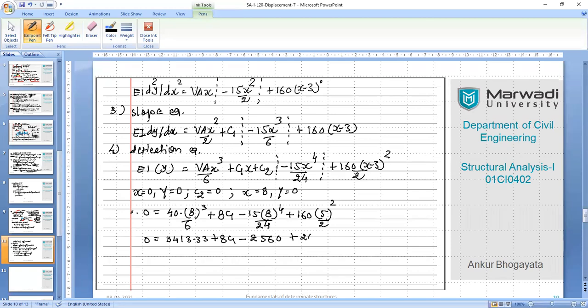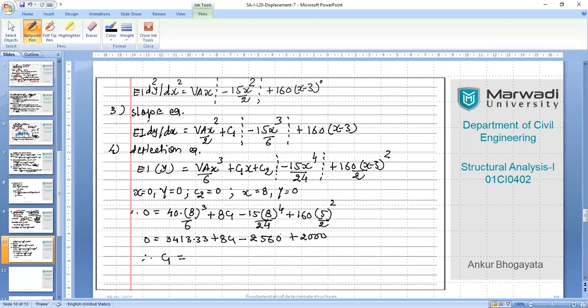All right. So that is the final answer for C1. This is plus, this is minus. So 3413.33 minus 2560 plus 2000, divided by 8.